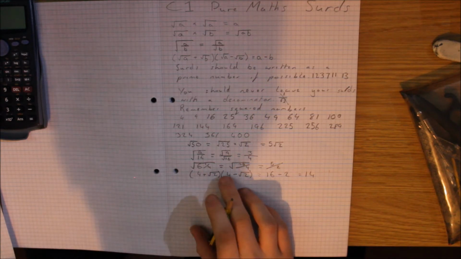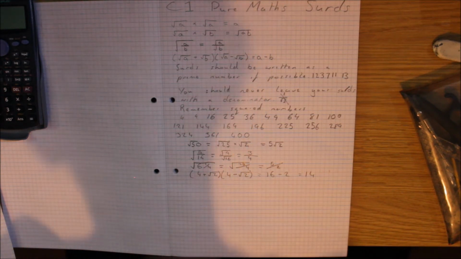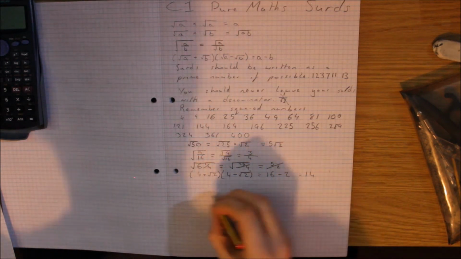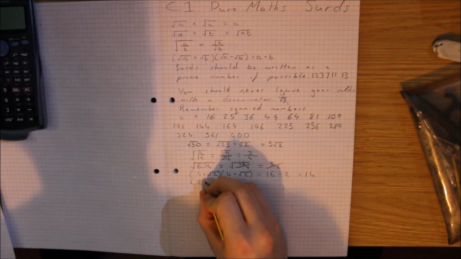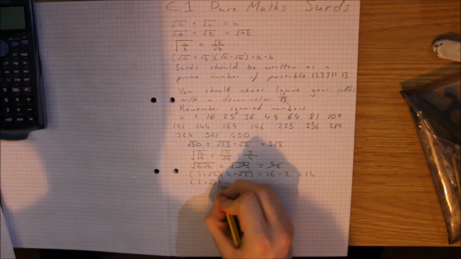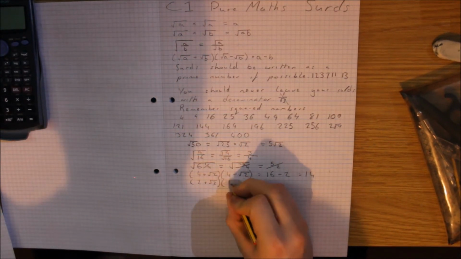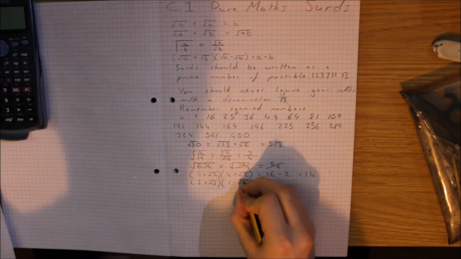Let's play around with this one again and make it different numbers. This time we have 2 add root 3 and 1 minus root 3.